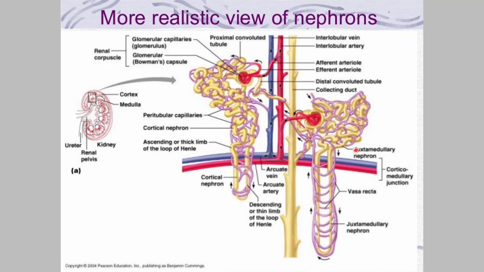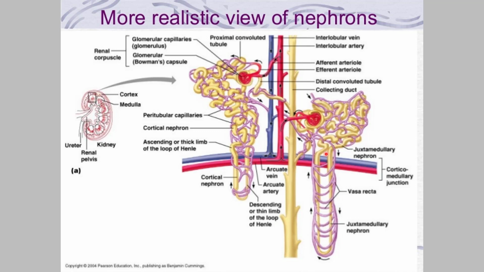Remember the autoregulation, one of the mechanisms was what was seen by the JGA, the juxtaglomerular apparatus. And we said that it was sampling the filtrate as it passed through the distal convoluted tubule right where it met the ascending limb of the loop of Henle.